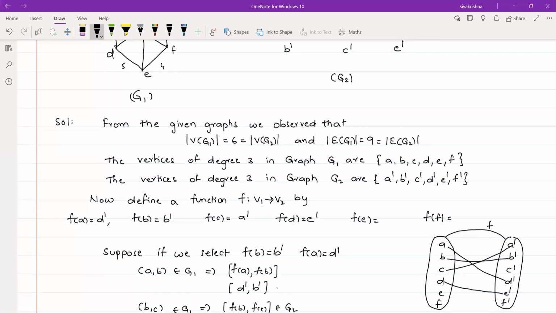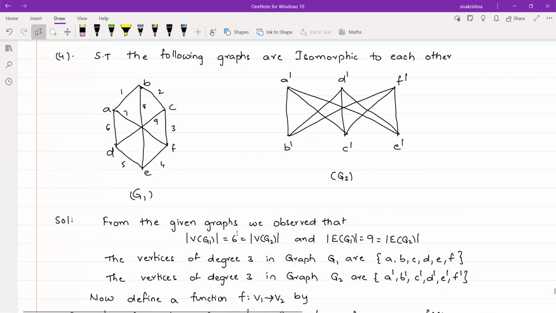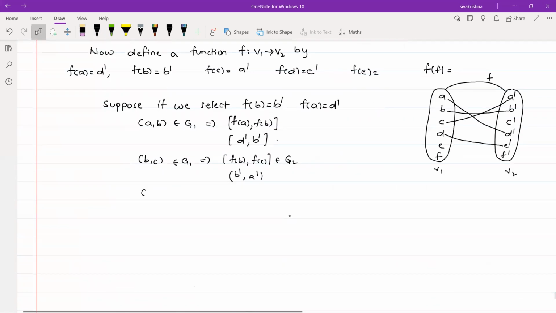After selecting the image of D by E dash, once again you have to check it. I select an edge in graph 1 with the combination of D. In graph 1, A comma D is an edge. This implies that f of A comma f of D must be an edge in graph 2.